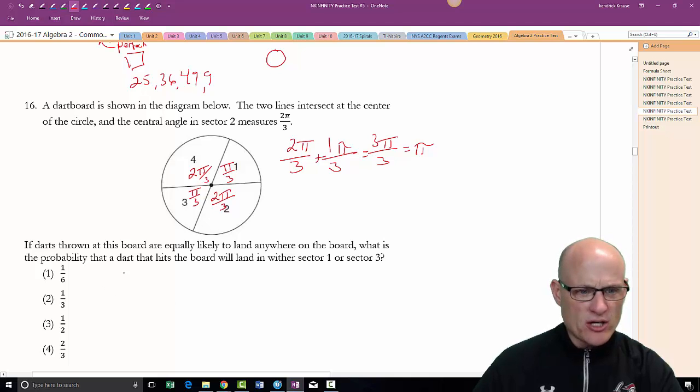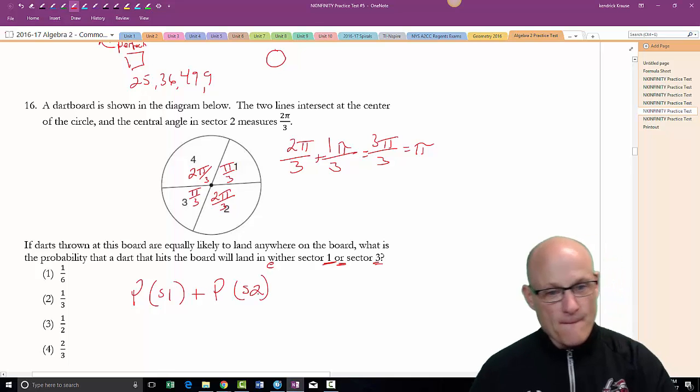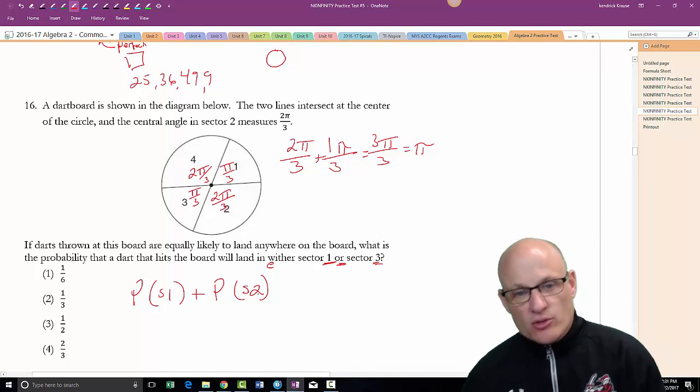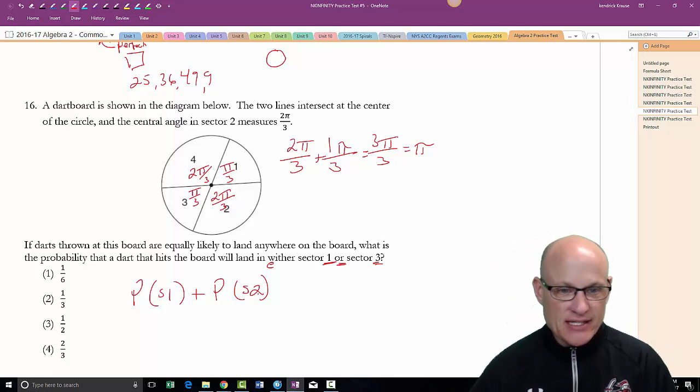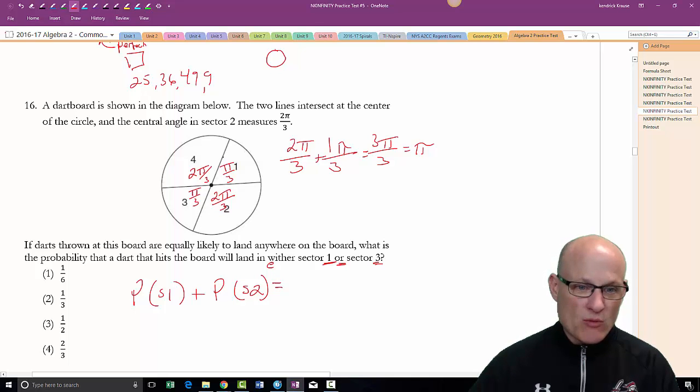So what's the question? If a dart is thrown at the board and is equally likely to land anywhere on the board, what is the probability that it will land in either sector 1 or sector 3? So that's the probability of sector 1 plus the probability of sector 3. If we just get rid of the pi's, I think we'll be in good shape. What represents the whole thing?